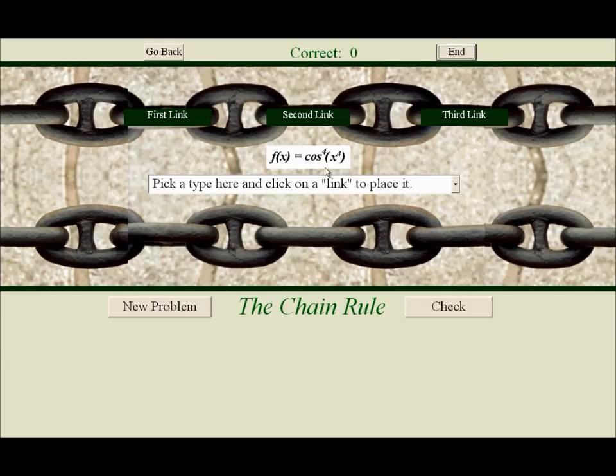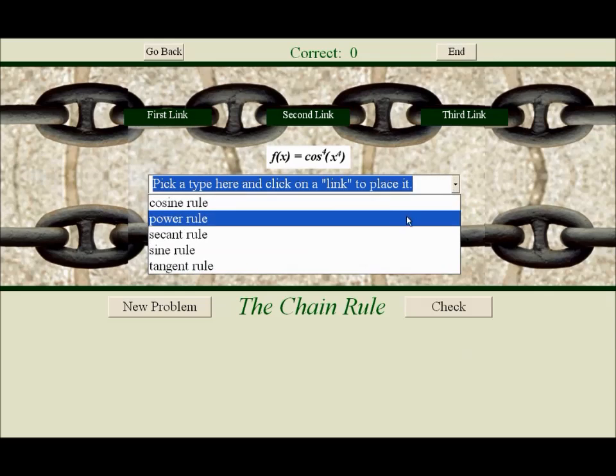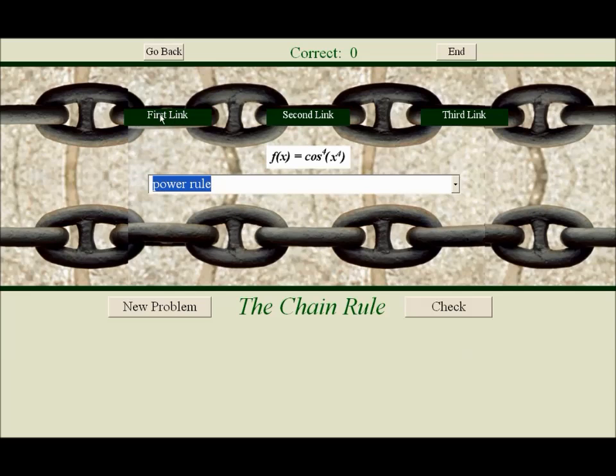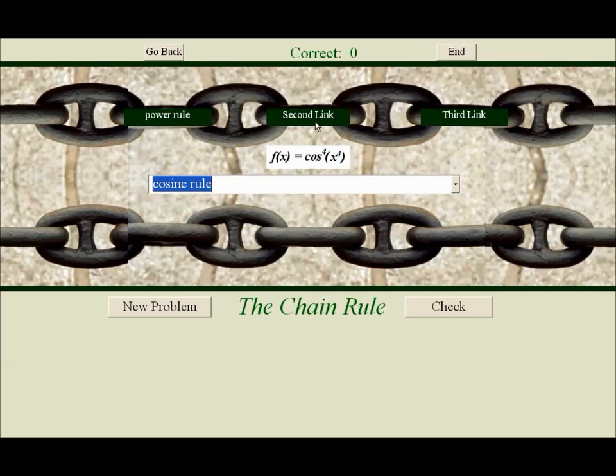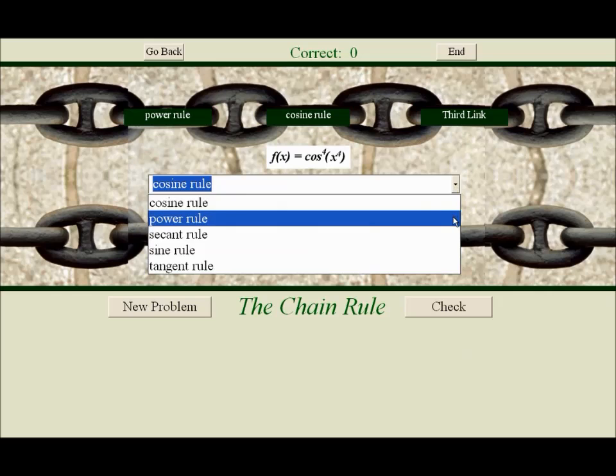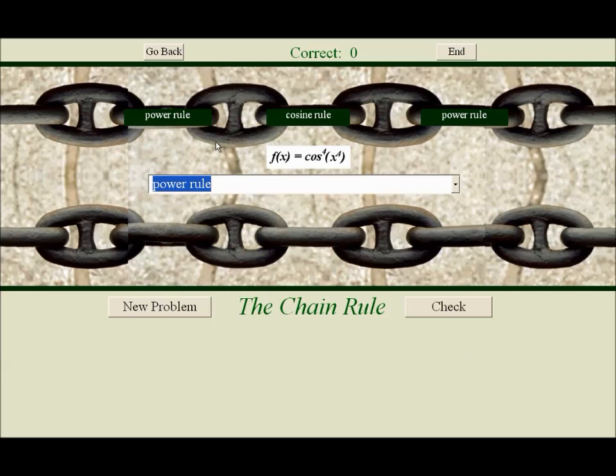This one is like a 3-chain deal, so the outer link is the power, so the first link is a power. Pick the one that you want here, put it there, and then the second link would be the cosine rule, and then the third link would be power again. And that's just checking to see if you analyze it.